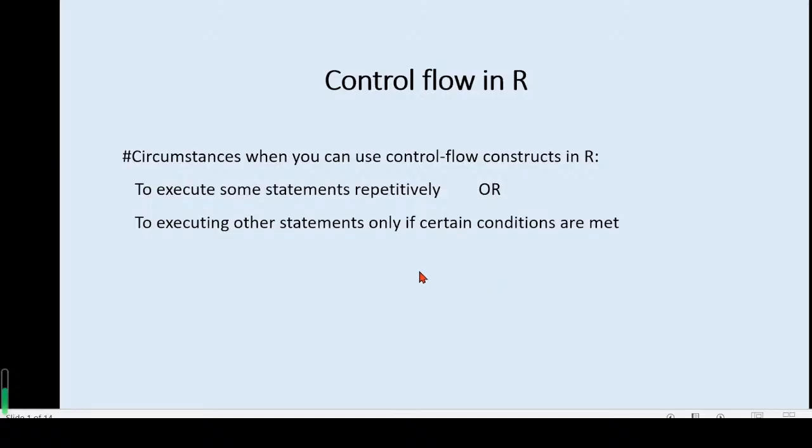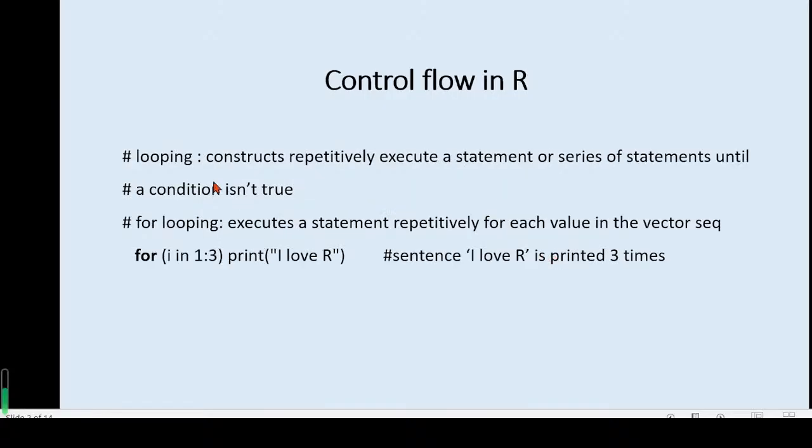Control flow in R lets you execute some statements repetitively, or execute other statements only if certain conditions are met. Looping is a type of control flow, and it constructs repetitively execute a statement or series of statements until a condition isn't true.